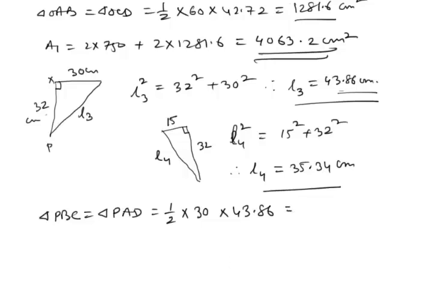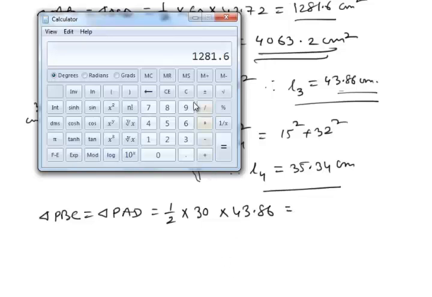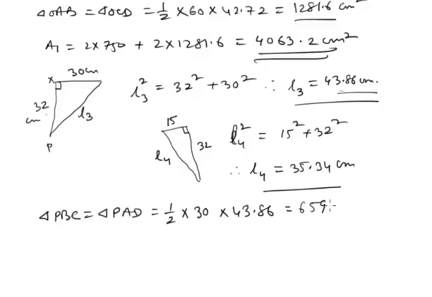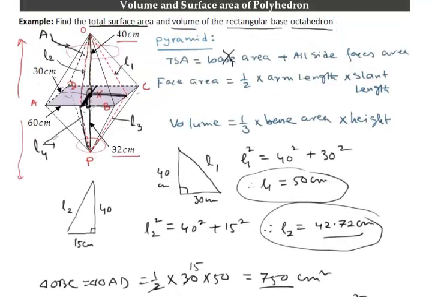If we do this calculation, we will get 43.86 times 15, which will be 657.9 centimeter square.